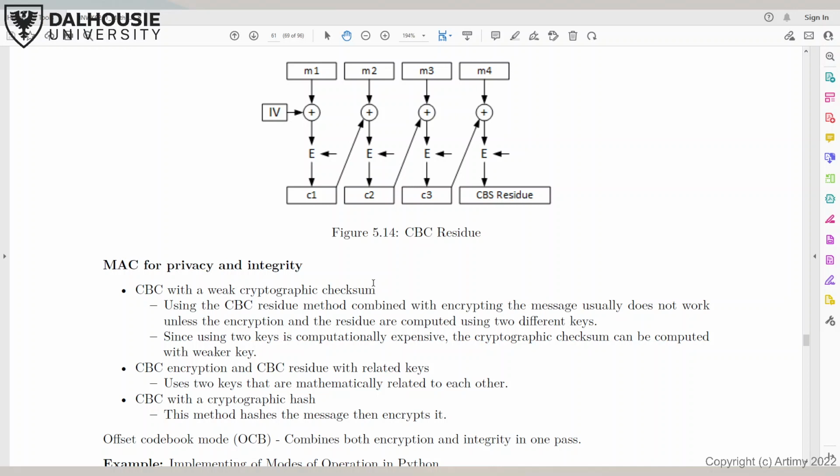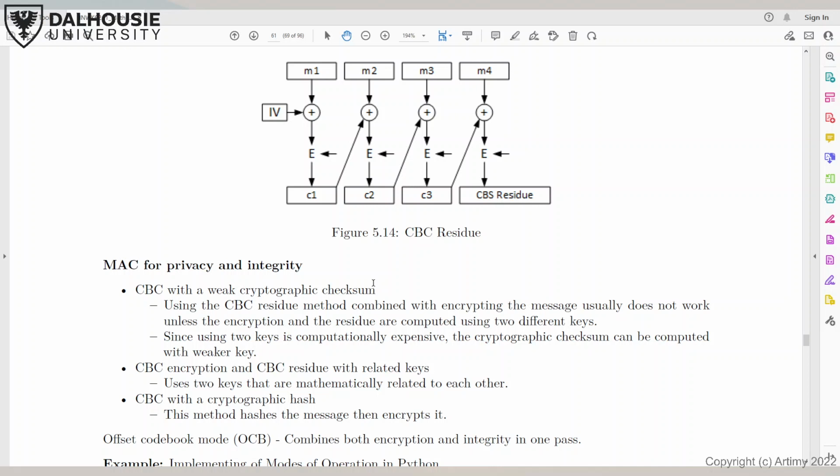I could also, if I have to do encryption and integrity check at the same time, have a key that does the encryption and a key that does the checksum. I'll use something related to the original key, right? So instead of, let's say, the original key, shifted by 8 bits, so that's related, right?